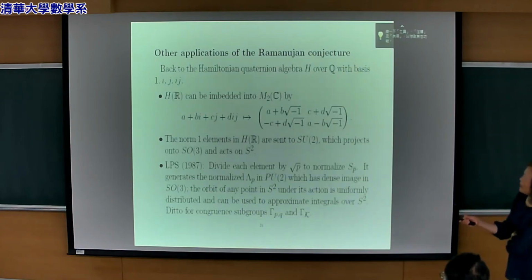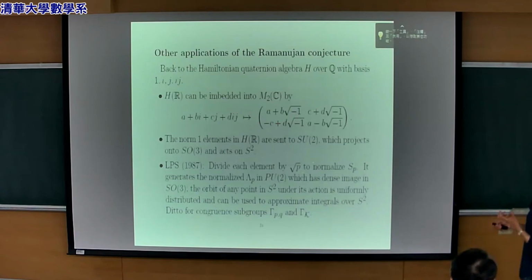So the norm 1 elements on the real quaternion are sent to the group we call SU2. The SU2 projects onto SO3, and SO3 acts on the sphere S2.